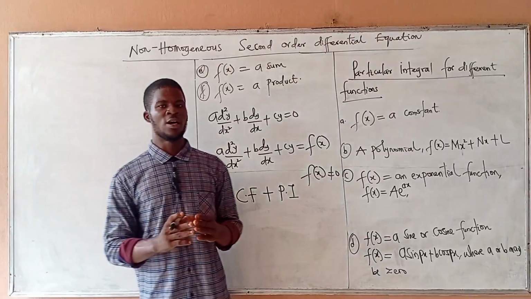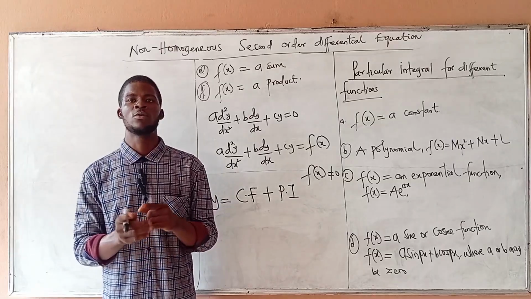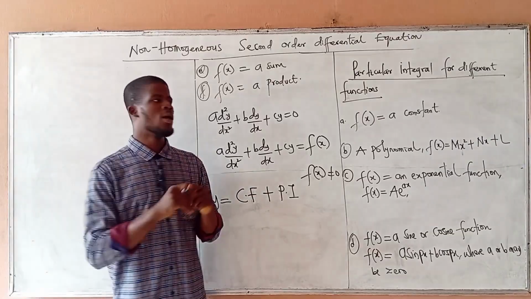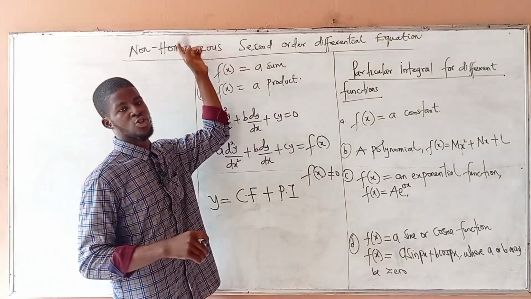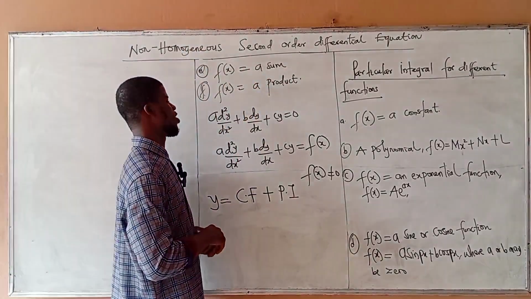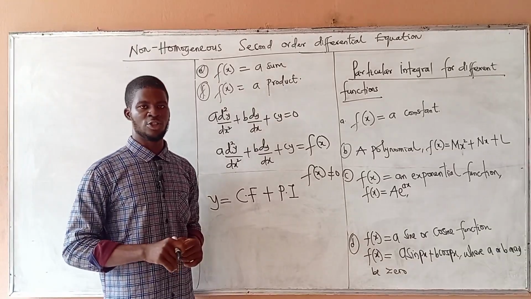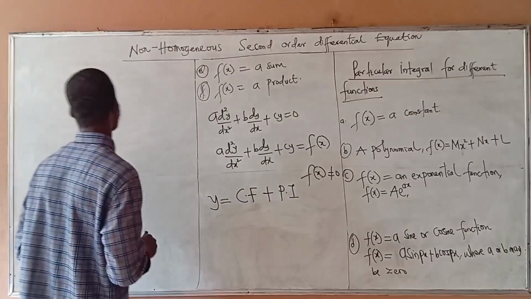I think it is necessary and important for you to watch the video on second order homogeneous differential equation, because the foundation of this particular non-homogeneous is coming from homogeneous. You get it? So some of the stuff I'll be saying here while solving is only coming from the knowledge of homogeneous differential equation. A quick recap.